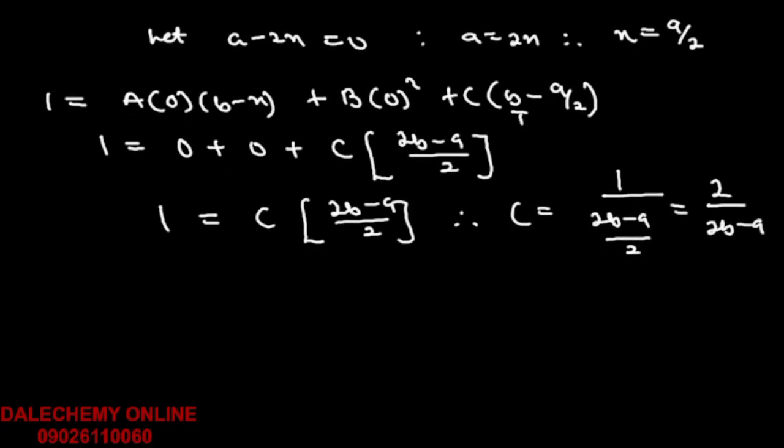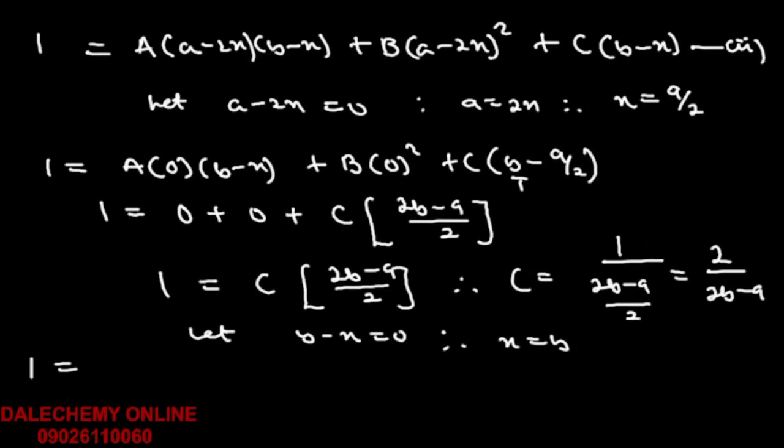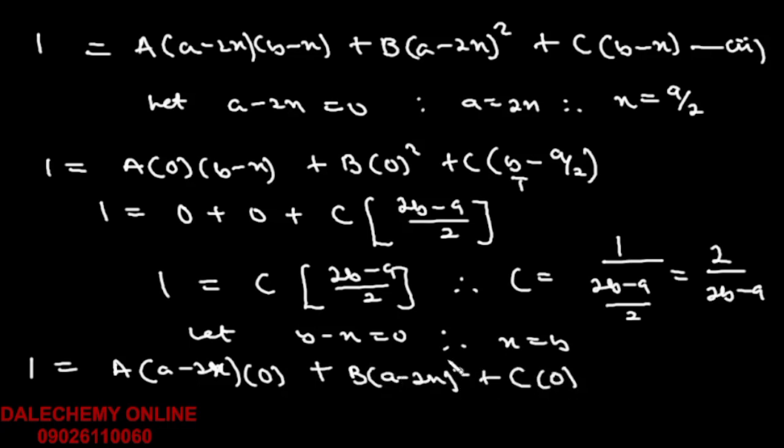So then from equation 2 we have 1 equal, let b minus x equal 0, and if it is equal to 0 then x will be equal to b. So don't forget, when you put 0 here, we have a in bracket of (a minus 2x) times (b minus x), which is now 0, then plus b in bracket of (a minus 2x) squared, then plus c in bracket of 0, because (b minus x) is now 0.